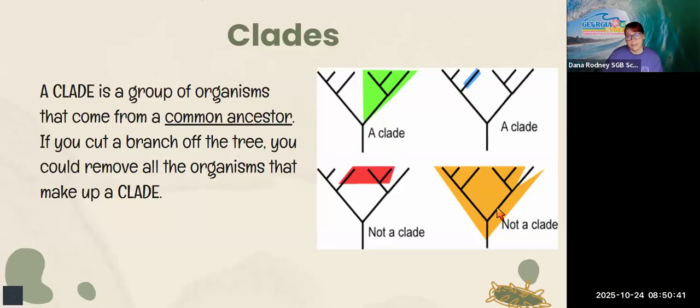The red and the yellowy orange one are not clades because here we don't have a connection between this one and these two. So that's not a clade because they come off of different branches. And here we left off a whole branch, so that's not a clade.